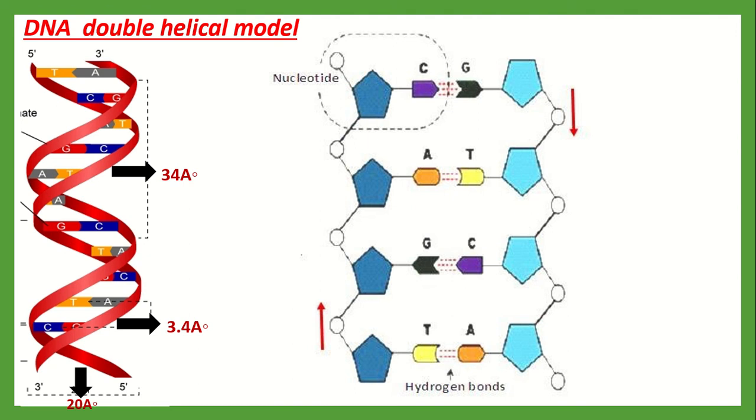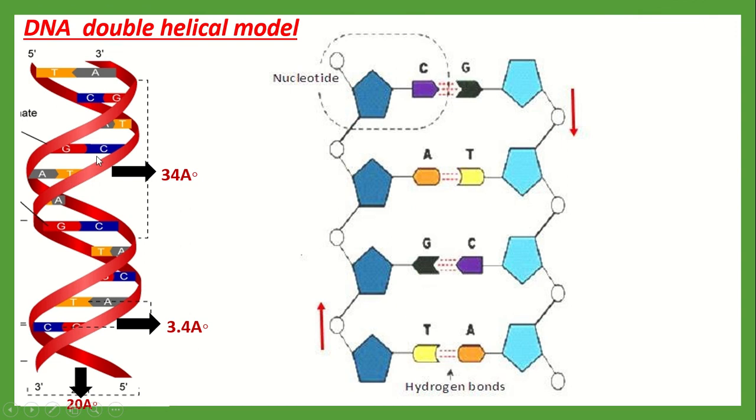The double helix makes a complete turn after 10 nucleotides. Everybody see here, this double helix makes a complete turn after 10 nucleotide pairs. Everybody see here, a turn is completed, so in between this turn there are 10 nucleotides.